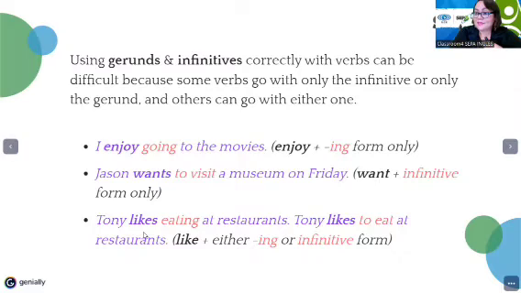In this case, when I'm talking about like, exclusively like, I can say I like eating or I like to eat, both ing and infinitive. But remember, with enjoy it's impossible to say enjoy to, and it's impossible to say I want visiting. Okay, pay attention to this. These are the main structures, the main examples we are going to have as a guide in order to complete the other exercises.